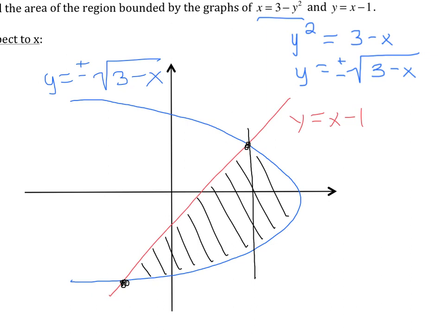We can just integrate line minus curve, and we're good. But then there's this second piece, where it's really just the area under the curve, the area under the square root, and then you have to handle this plus or minus thing. So it quickly becomes an issue.